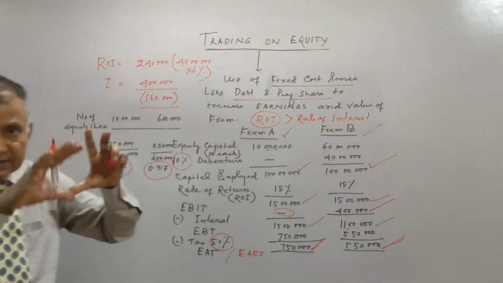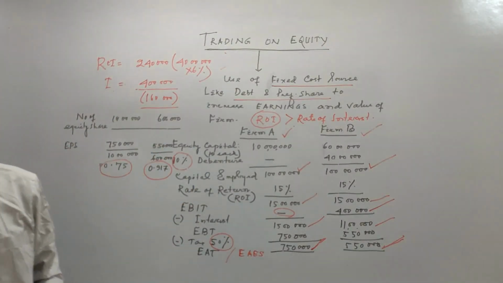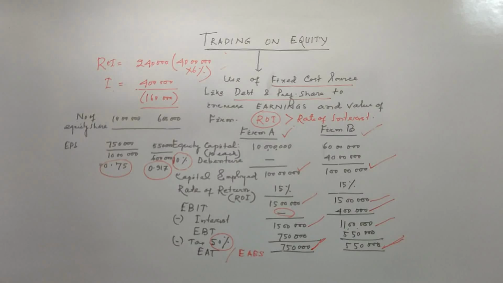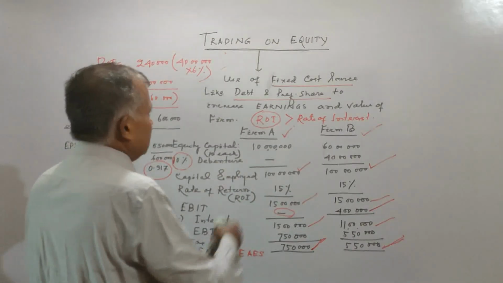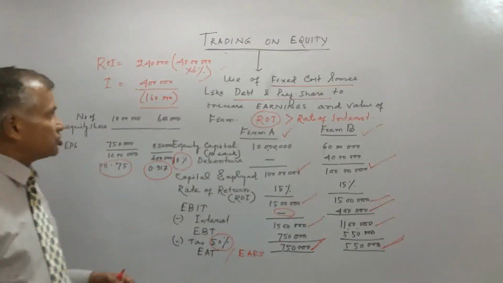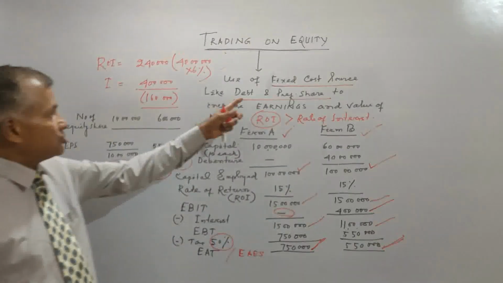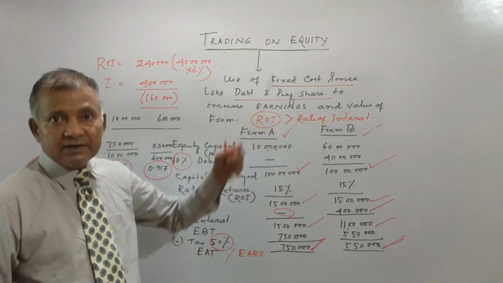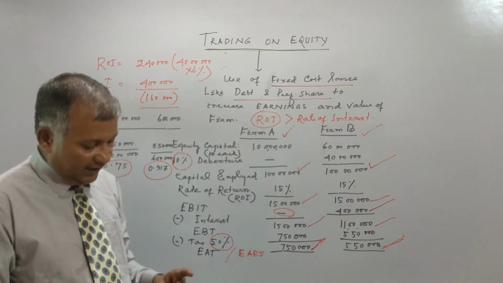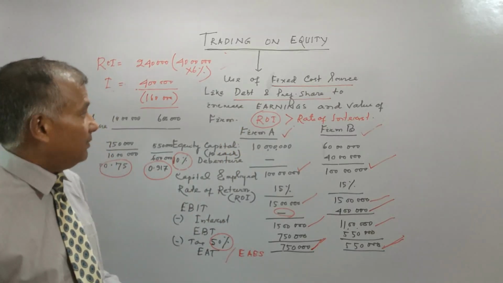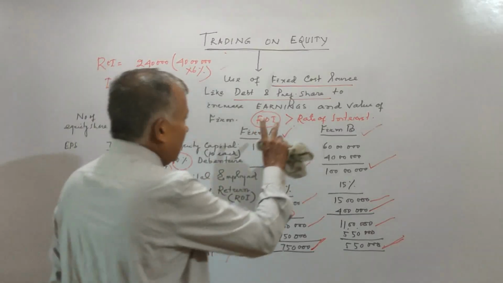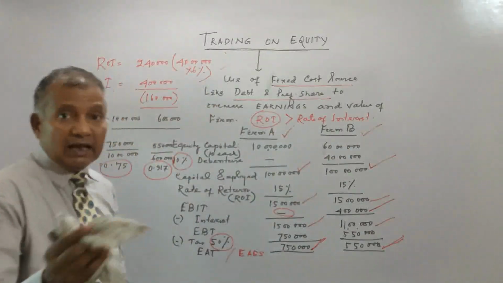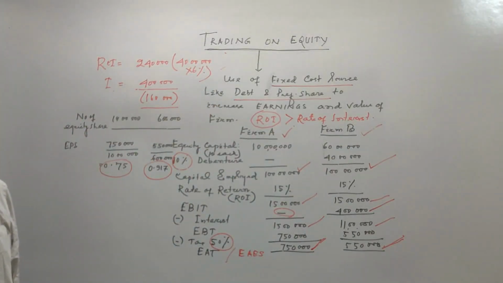Right? So this concept is your trading on equity. Trading on equity is generally the use of fixed cost sources. Fixed cost sources are your debt and preference shares, because they have a fixed rate of return, and this helps in the earnings of the firm.